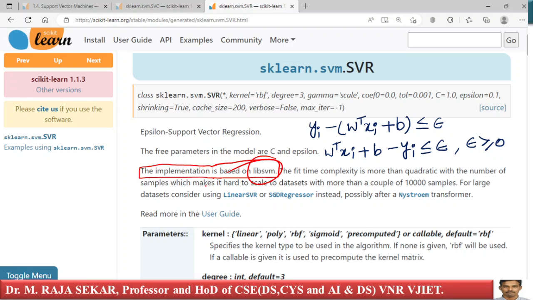Yes, I will repeat: the implementation of scikit-learn SVC and SVR is based on libsvm.